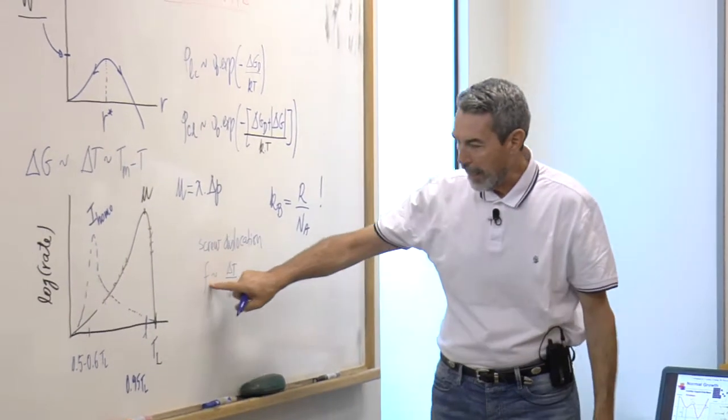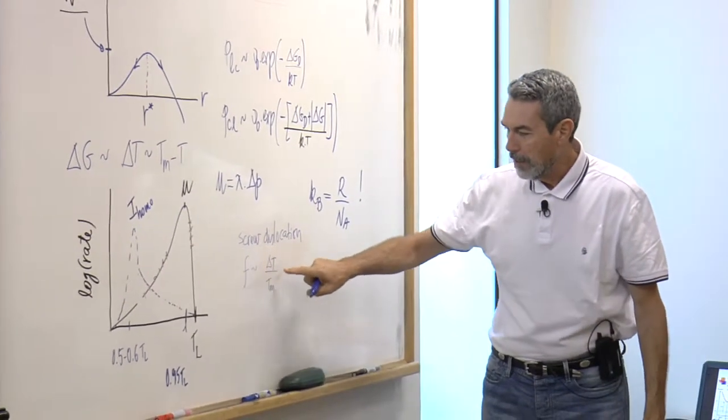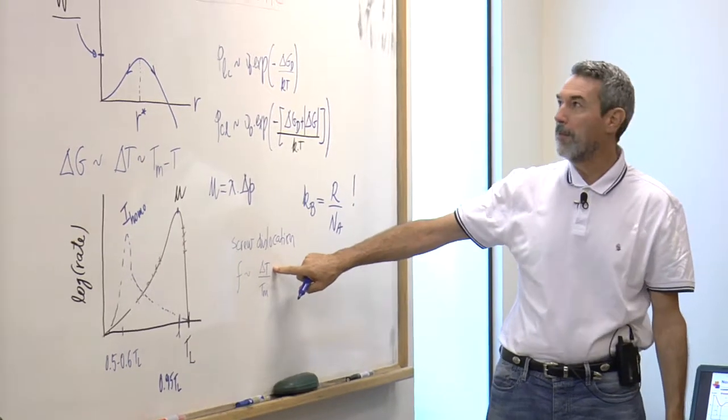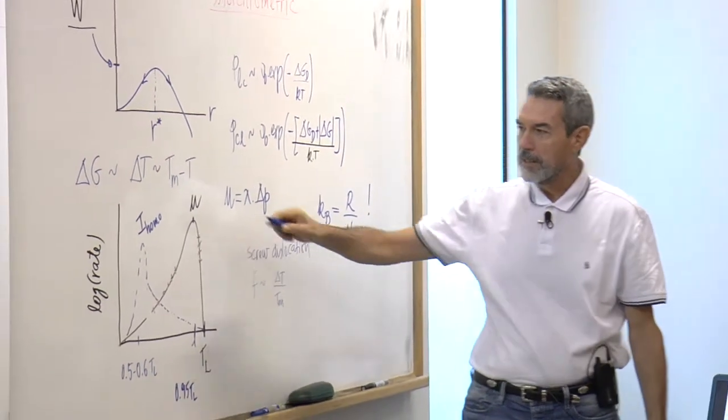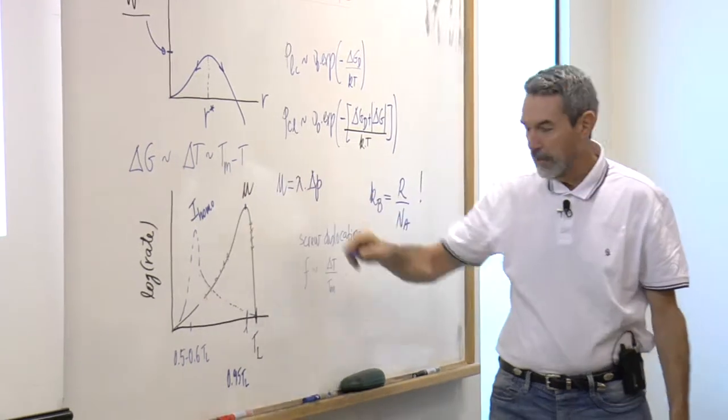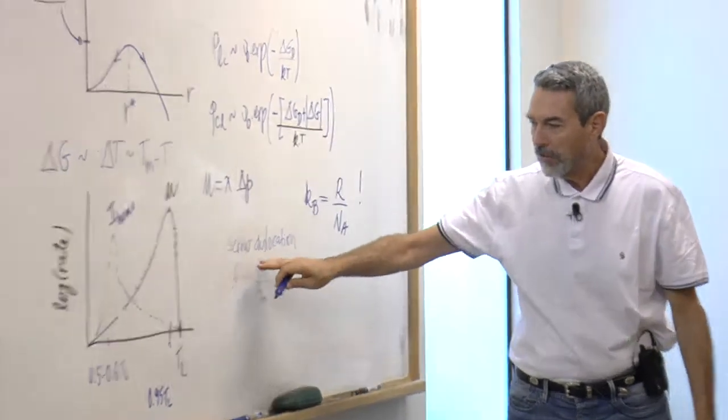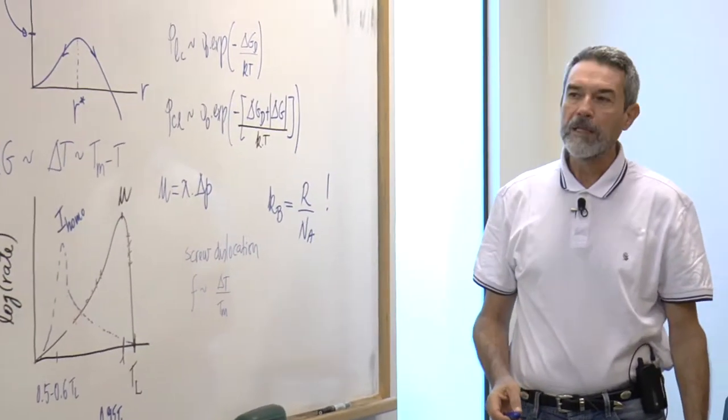So the F now depends on the temperature. Remember that delta T is Tm minus T. So the fraction of sites now depends on the temperature.